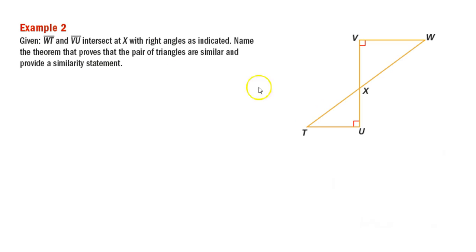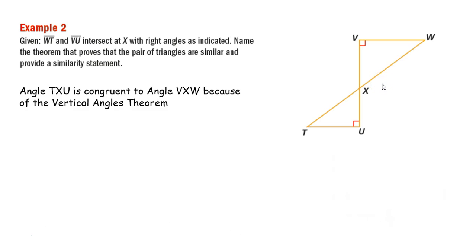Suppose that we're given a diagram and that line segments WT and UV intersect at X with right angles as indicated. We want to name the theorem that proves that the pair of triangles, this triangle right here and this triangle right here, are similar, and provide a similarity statement. So the first thing I'm going to notice here is that since these lines intersect, what we have formed here are vertical angles. The first thing that I'm going to say is that angle TXU is this angle right here.